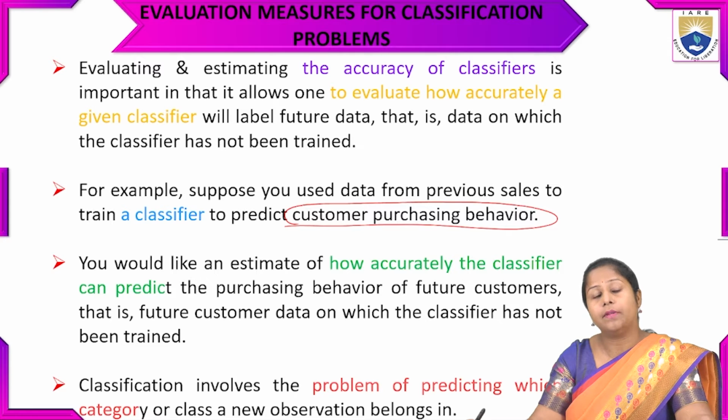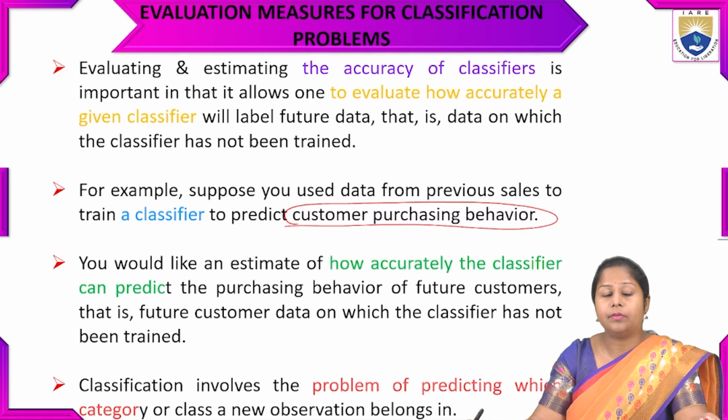On the basis of that, we have some measures: accuracy, precision, recall. The amount of accuracy depends on how accurately it is covered. If it is positive, then it is going to classify accurately. If it is negative or less, it will not classify the label accurately.